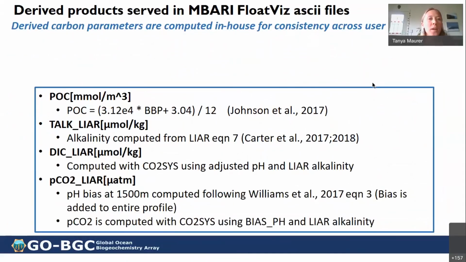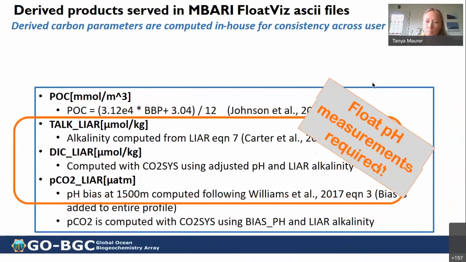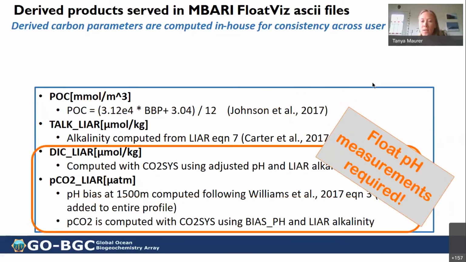You mentioned derived products served at MBARI or through MBARI processed files. These are available in the FloatViz ASCII files. These derived carbon parameters, including particulate organic carbon, total alkalinity, DIC, and pCO2, are computed in-house to provide consistency across the user base as a product to you. He mentioned the high quality pH measurements are needed for some of these parameters.